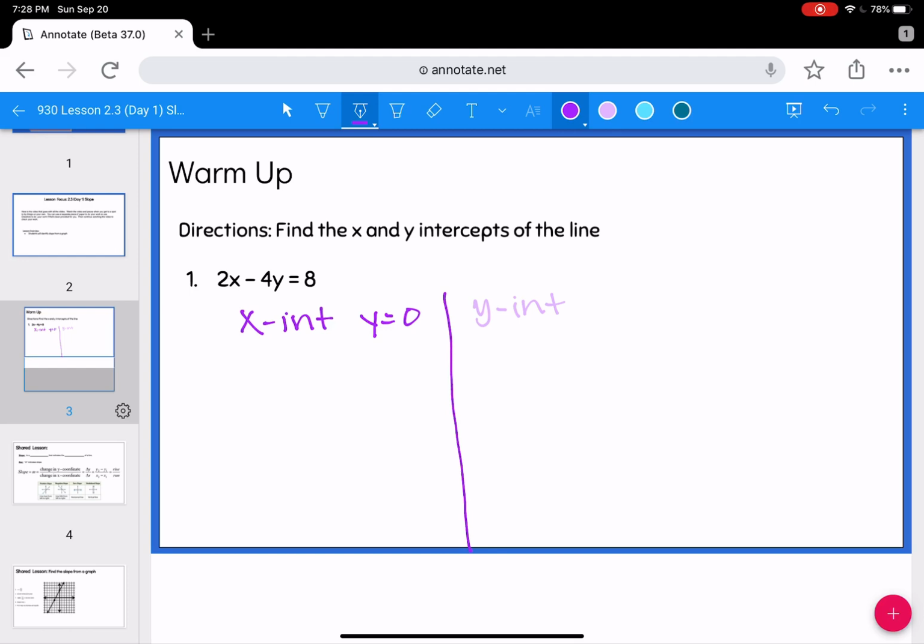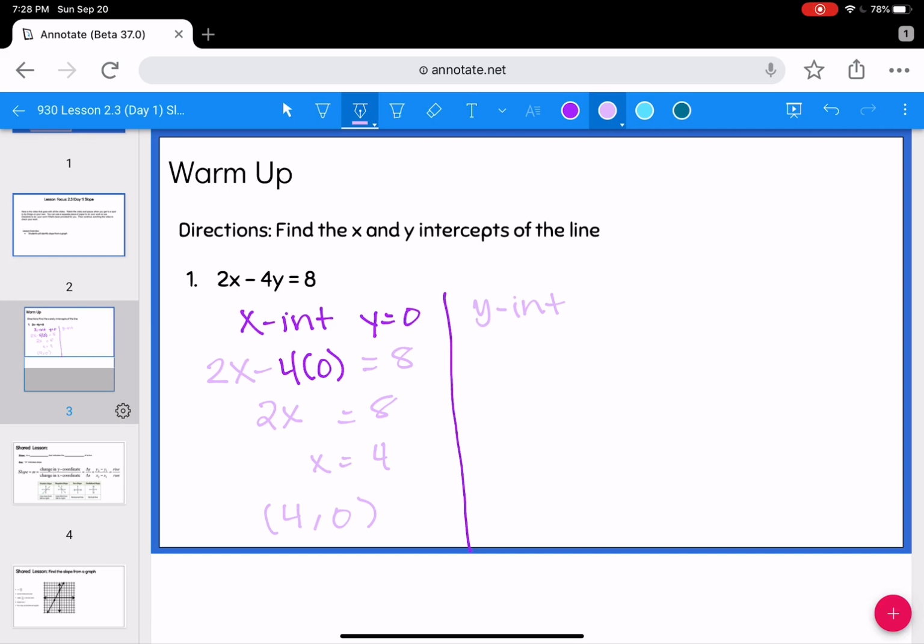So here we have 2x minus 4 times 0 is equal to 8. Then we're left with 2x, since 4 times 0 is 0, is equal to 8. When we divide each side by 2, we're left with x is equal to 4. I write my final answer as (4, 0). That is how I write my x-intercept.